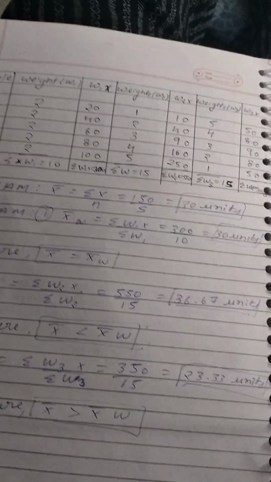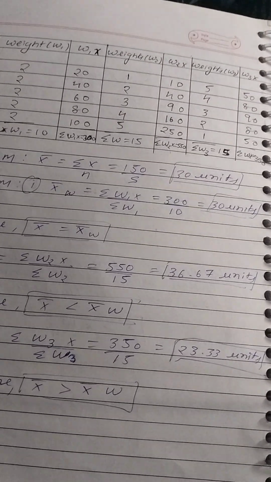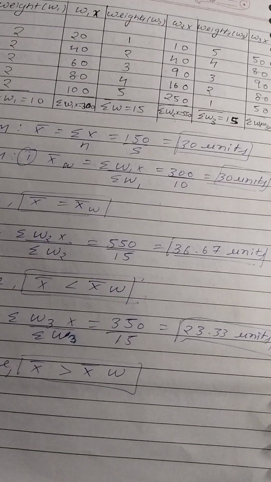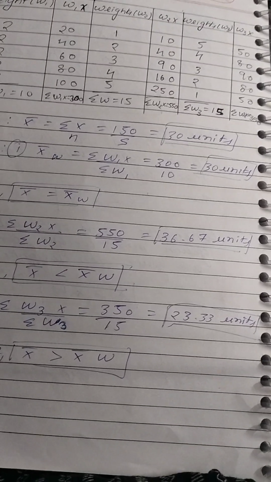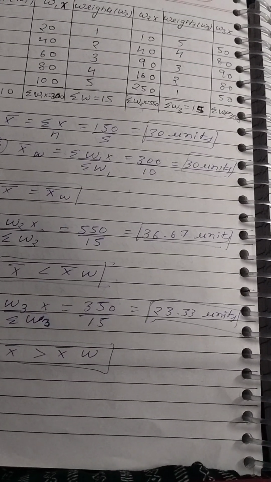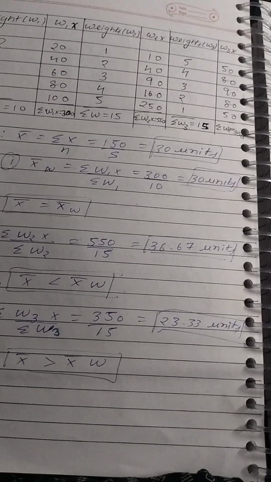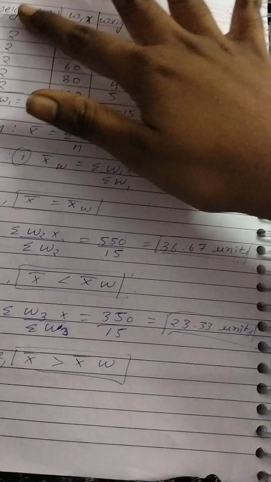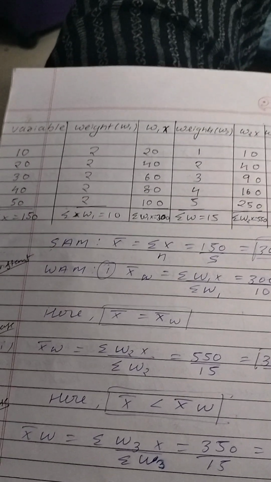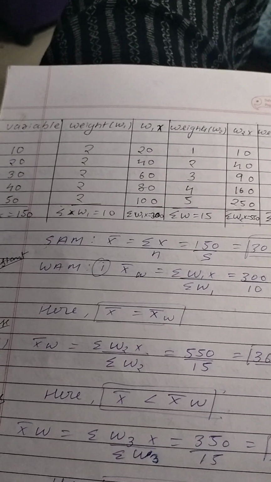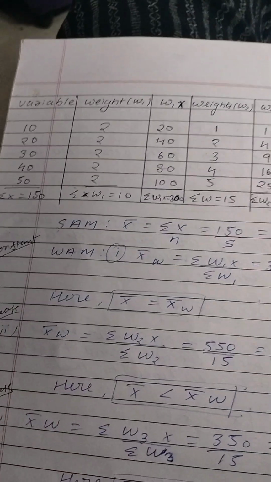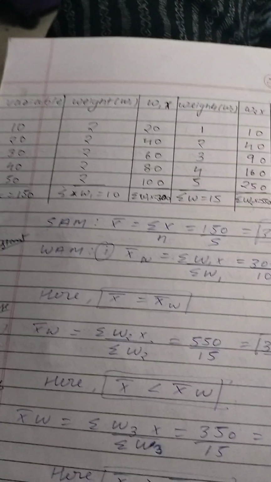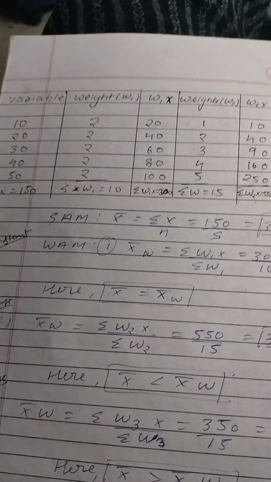If the weights are increasing, what will happen? If the weights are constant, so all the values are given equal importance, then when you calculate the actual mean and the weighted mean, both will be equal, because the weight is constant, meaning no advantage is given to any particular student.